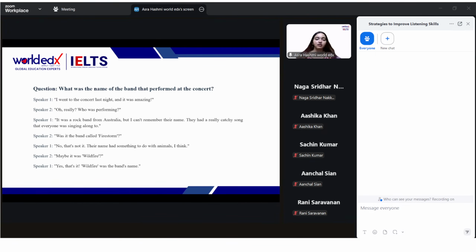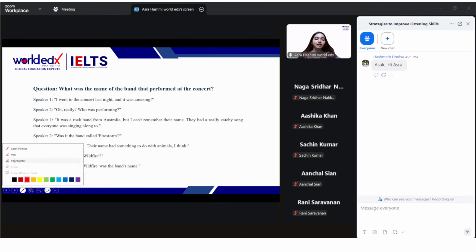So see, the answer seemed to be Firestorm, but the actual answer became Wildfire. Right now, because we are looking at the question, it's easy for us to decipher the correct answer. But imagine this being a conversation, and if you're not paying attention, you're definitely going to get confused between Wildfire and Firestorm. That's the reason why, when you are reading the question, make sure you highlight the keyword of the question.